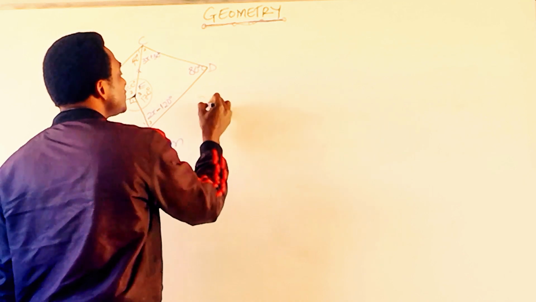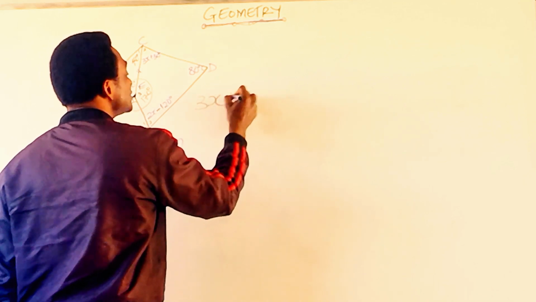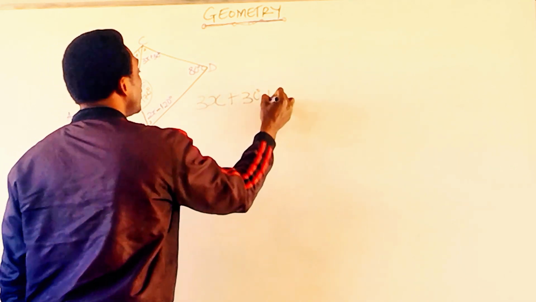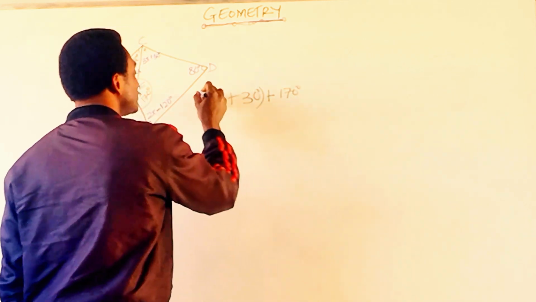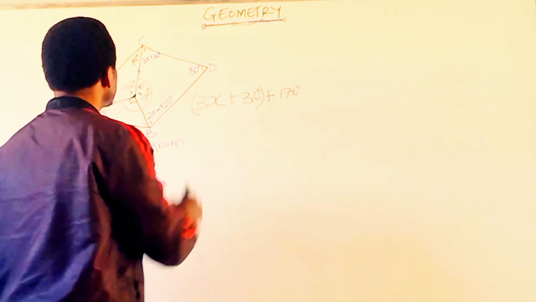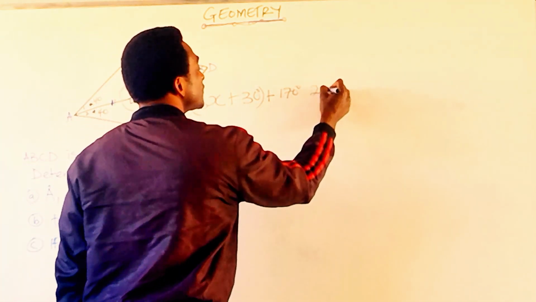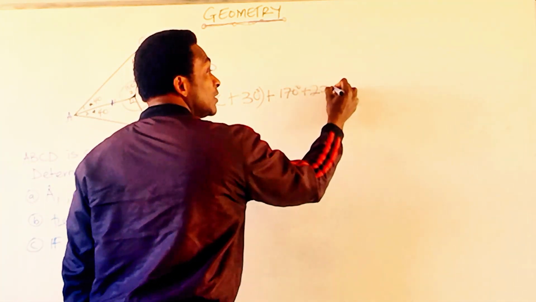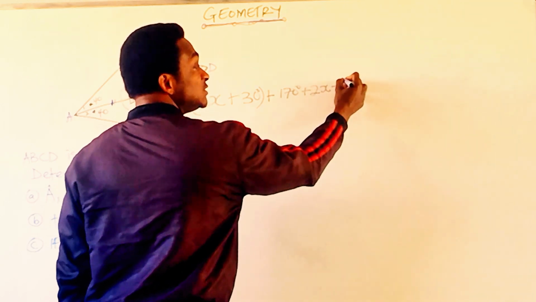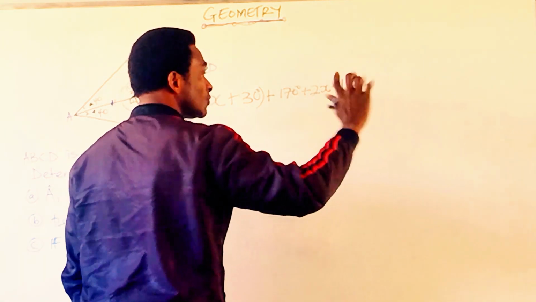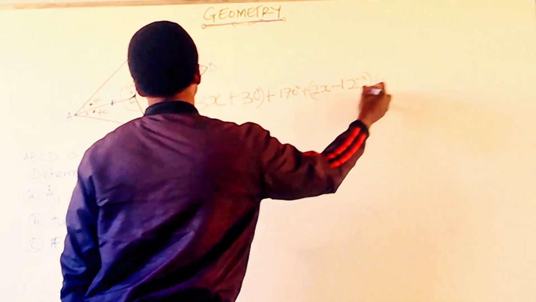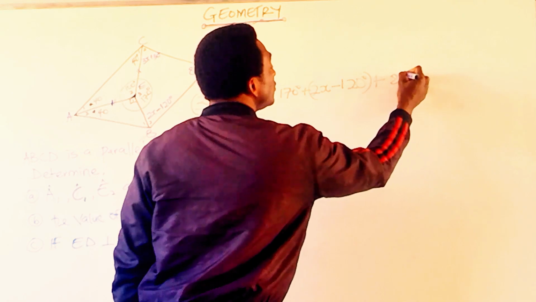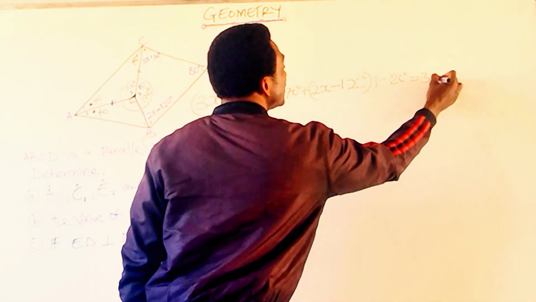So we have 3x plus 30 plus E3, which is 170, plus 2x minus 120 plus 80. All of them will sum up to 360 degrees.